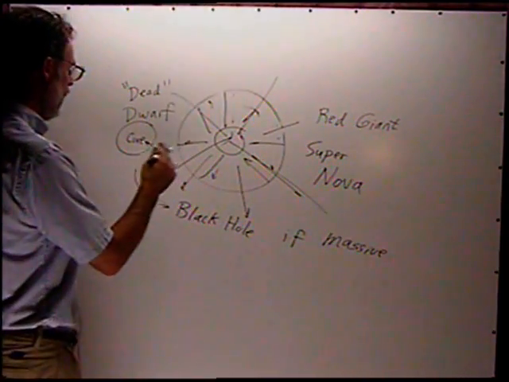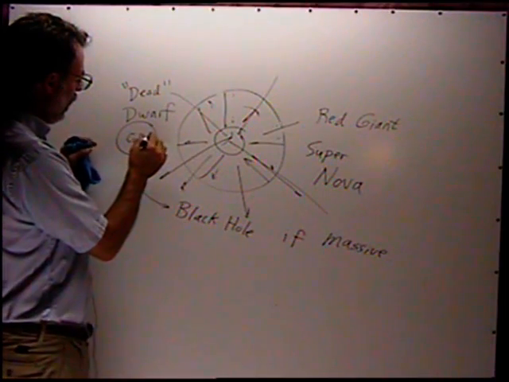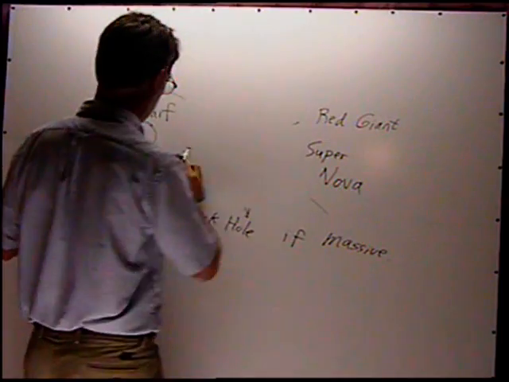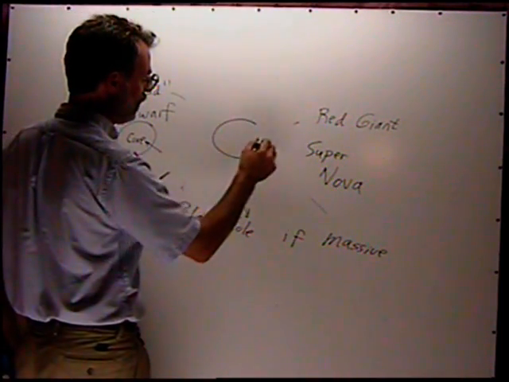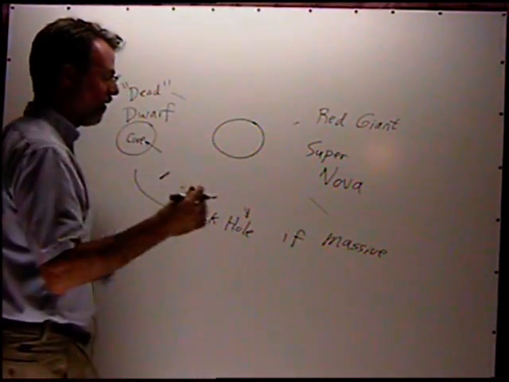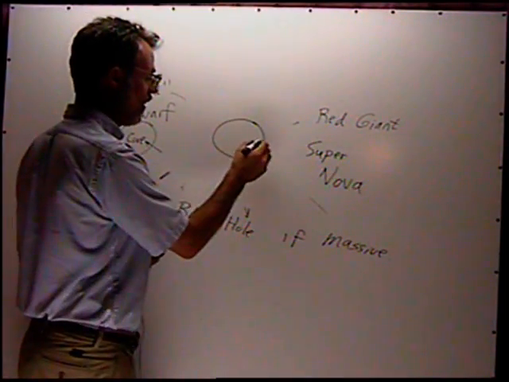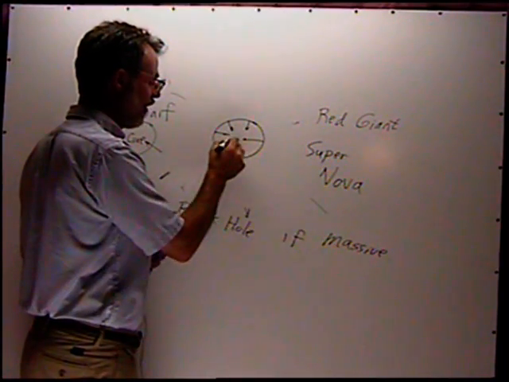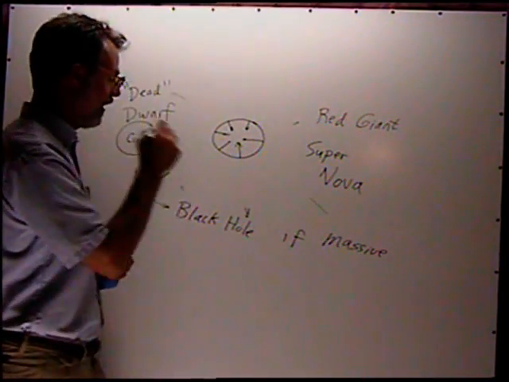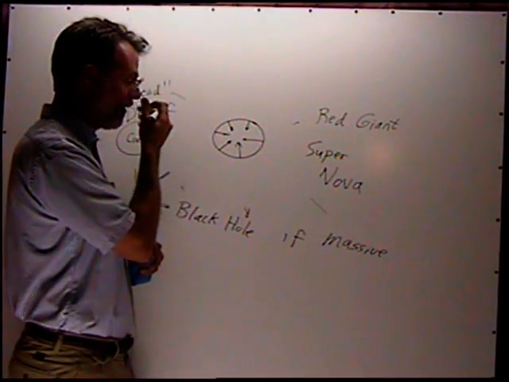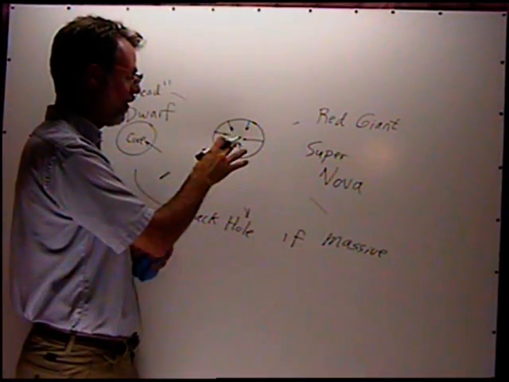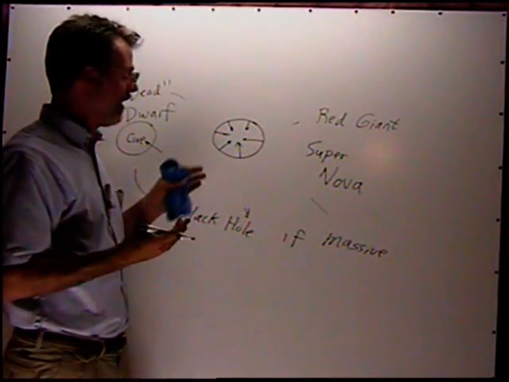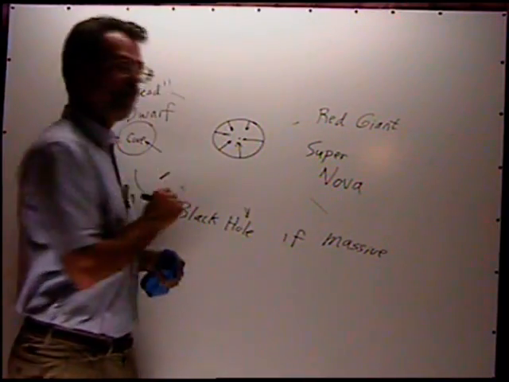If it's massive, what happens is this core material has enough mass that the gravitational attraction is very, very large, so large that it just pulls everything in. The mass is so large and gravity is so strong that mathematically, it pulls it into an infinitesimal point.